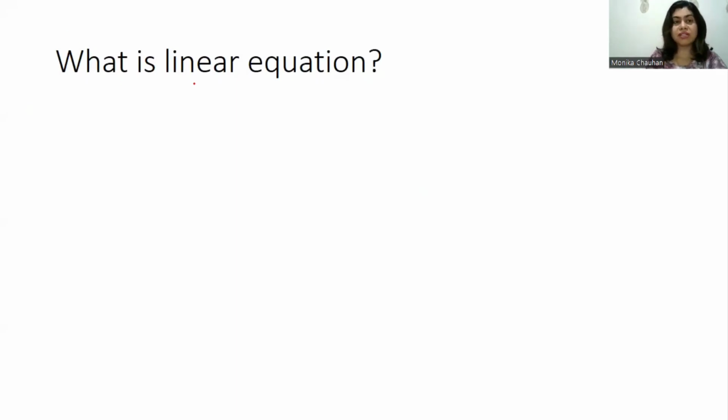As the name suggests, it is saying linear equations. When we say equation, it means there is an equal to sign. Then it is called linear. Now in algebra, linear means the power or exponent of the variable should be 1. And when we say linear equation in two variables, how does it look?